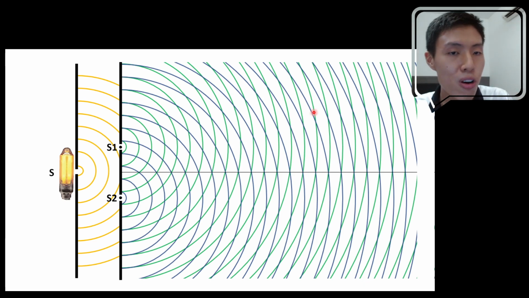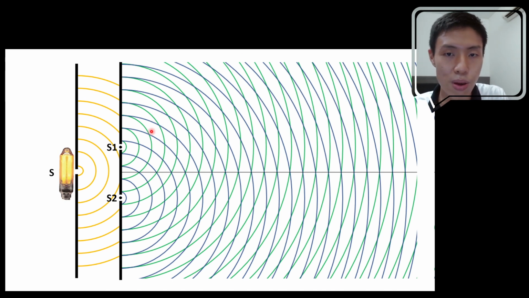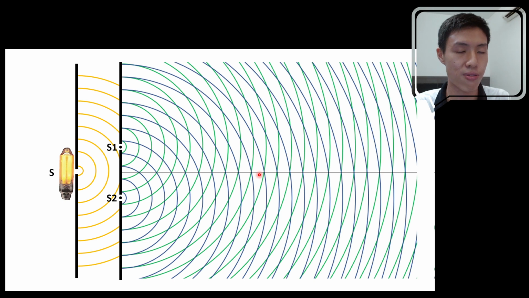At other points it's always crest meets trough, trough meets crest. At those points you will see destructive interference happen. So you can find certain points that are destructive and certain points that are constructive, but we'll leave that to the next video to study the constructive and destructive interference, and from there we understand the pattern that will be formed through this interference.